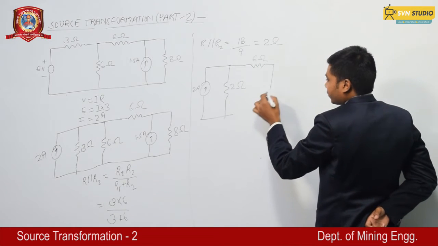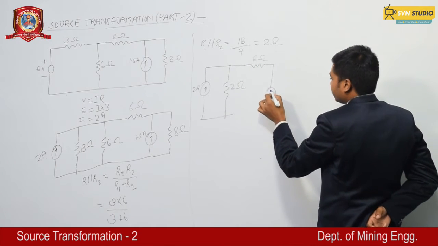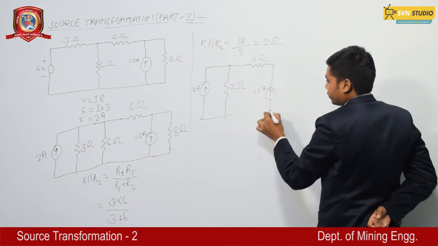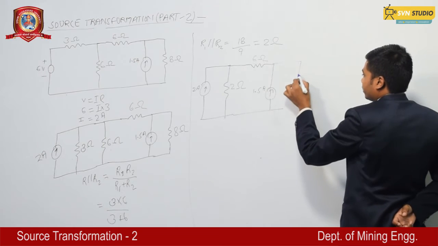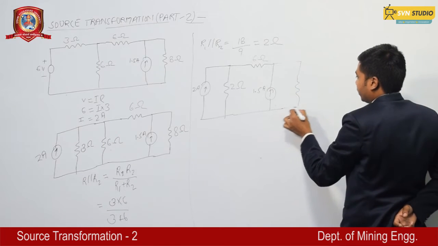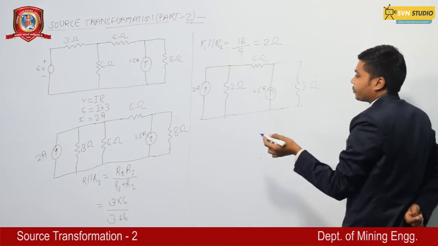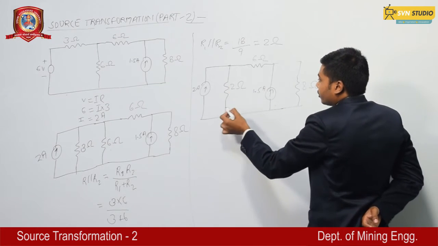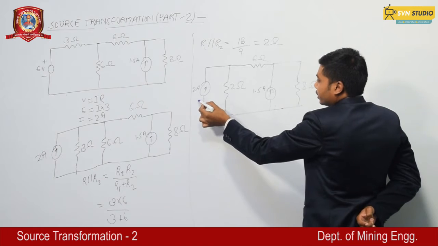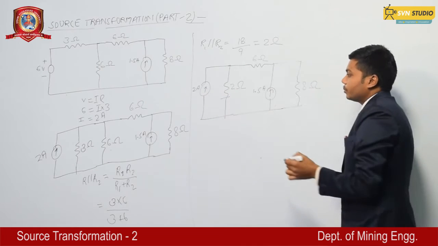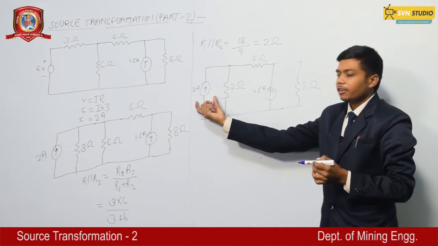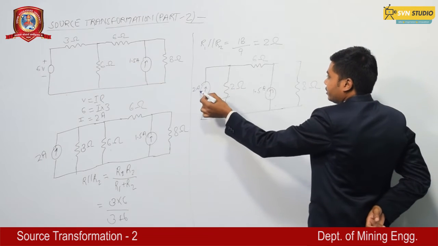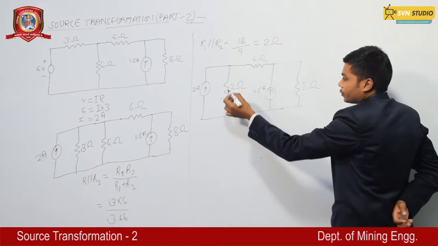And this current source of 1.5 ampere and next the resistance of 8 ohm. What we can see now, again our resistance of 2 ohm is connected in parallel with the current source. So, we can again change it by using source transformation.